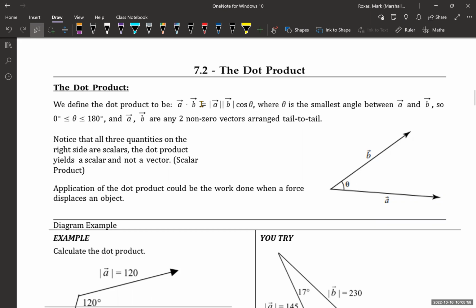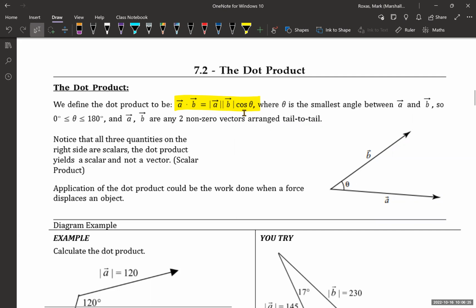That's going to be equal to the magnitude of a times the magnitude of b times the cosine of the angle theta, where theta is the angle between a and b, when a and b are arranged tail to tail. Now notice in this formula, all three parts of the right side, the magnitude of a, the magnitude of b, and the cosine of theta, are scalar values.